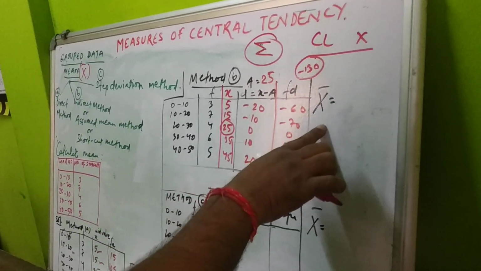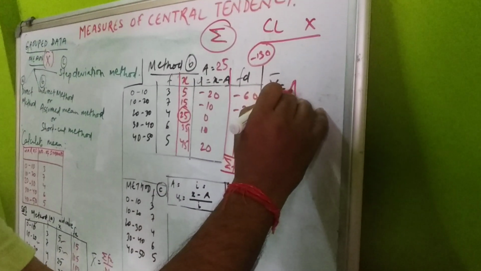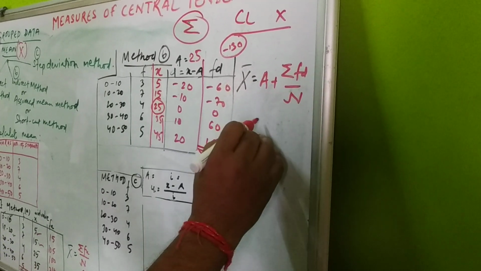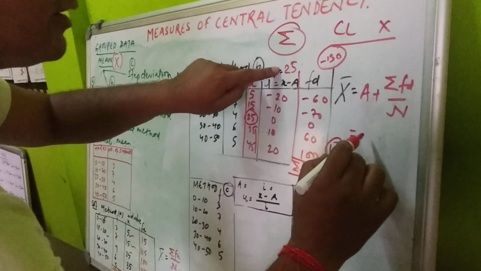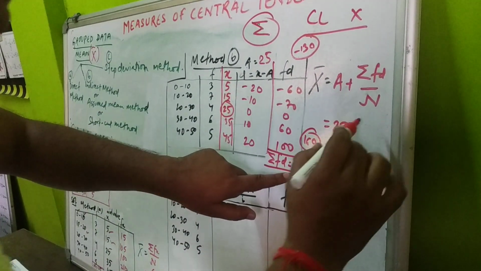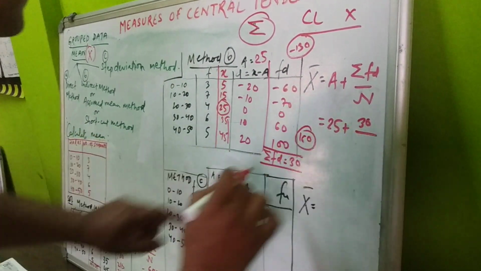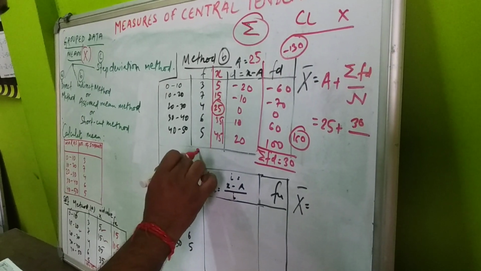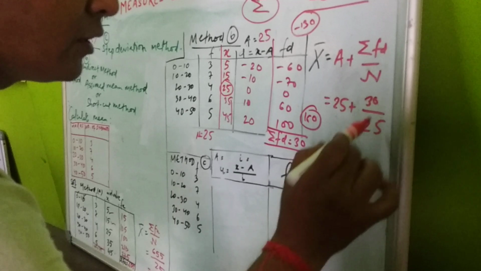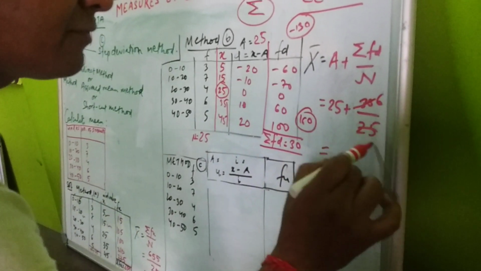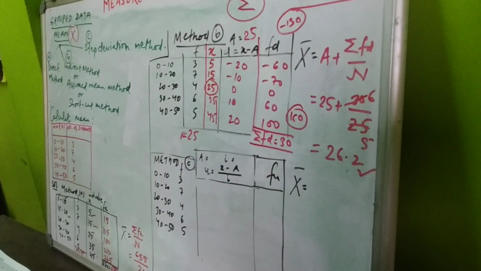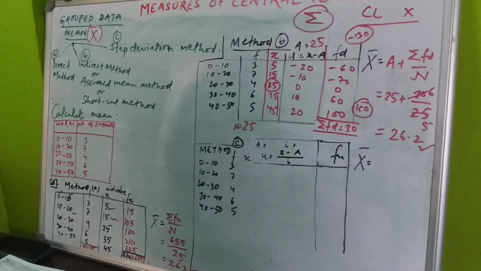Now the formula for mean would be A plus sigma fd by n. A here is 25 and sigma fd is 30, by n, that is the sum of frequency, 25. As I solve, 5 6s are 30, 5 5s are 25, solving further, 26.2 would be your answer, the same answer that you got earlier.